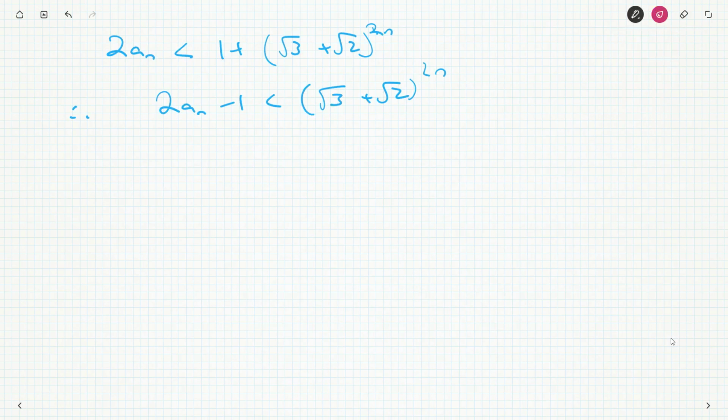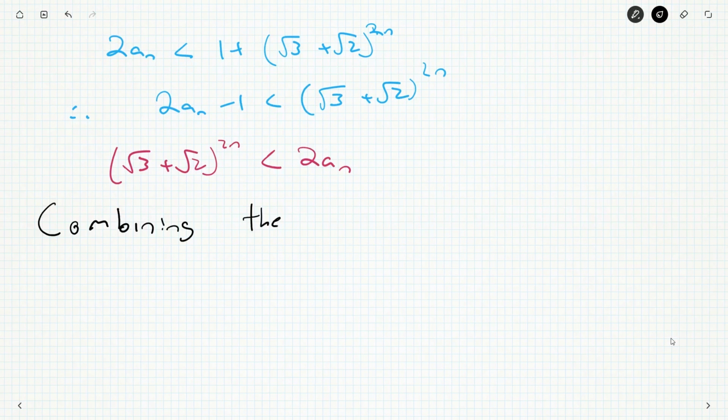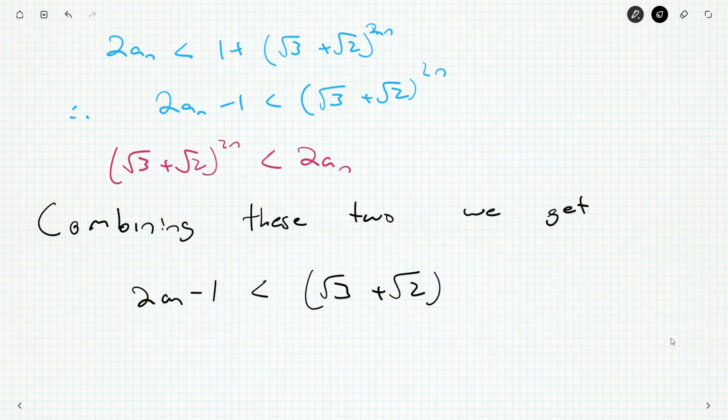So that's what the blue part told me. And then the red part, quite simply, is just the (root 3 plus root 2) to the 2n itself. Combining these two, we get our desired 2an minus 1 less than (root 3 plus root 2) to the 2n less than 2an. Alright, so that's B. A little more sentence structure, but they're the inequalities and everything that we need.